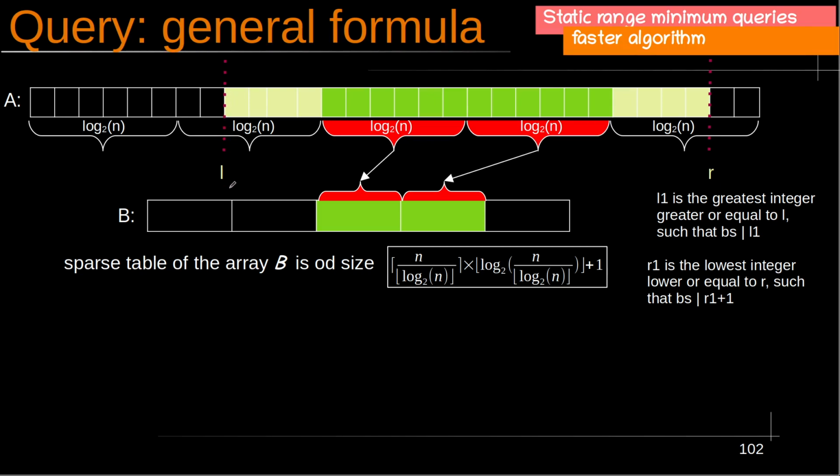The answer, as you see, is no. We are not at the start of the current block, so we have to compute the start of the just next block, which we call L1.